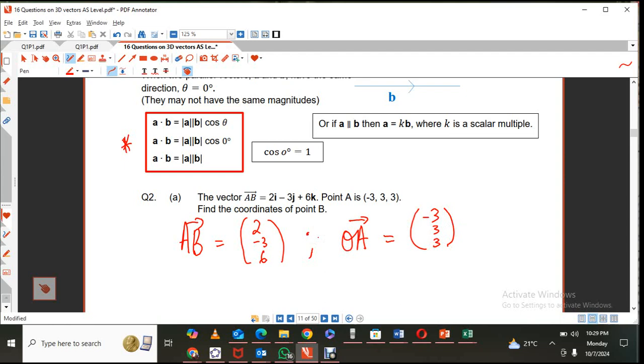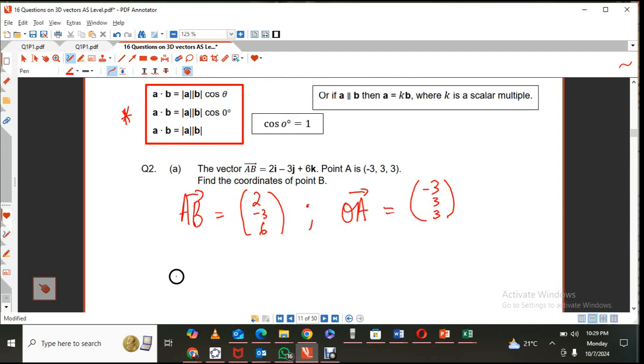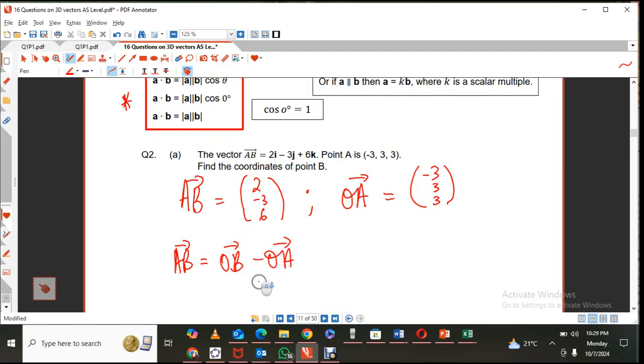Right, so what is it now that we know? We know from our position vectors that AB is OB minus OA. So it's the position point of the terminal minus the position point of the initial. So what do we then have from our information?